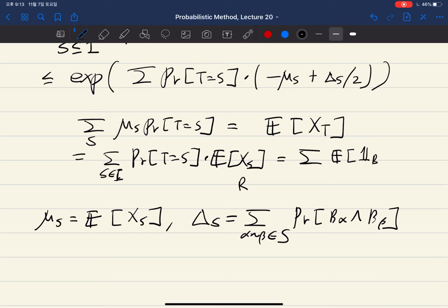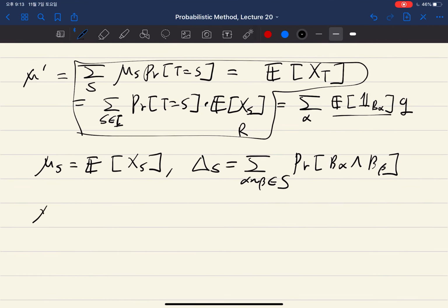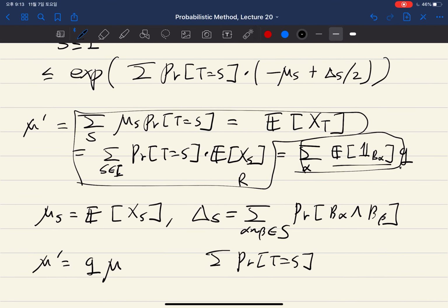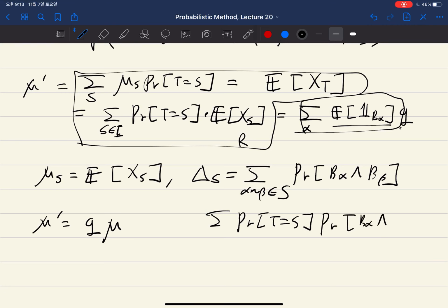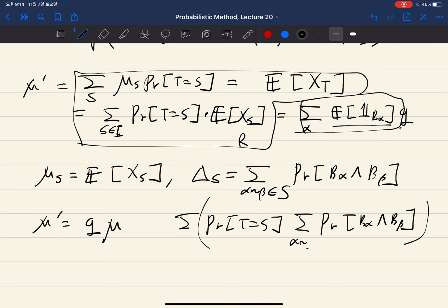The indicator variable for the bad event B_alpha, and each of these, the probability that alpha is in T, happens with probability q. So let's say this is mu prime, that mu prime is q times mu. And similarly, you have the probability that T equals S and the probability of B_alpha and B_beta, where alpha and beta are in S. So again, you swap the order of randomness.